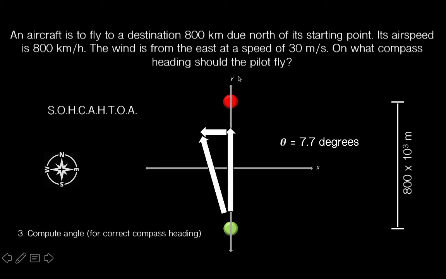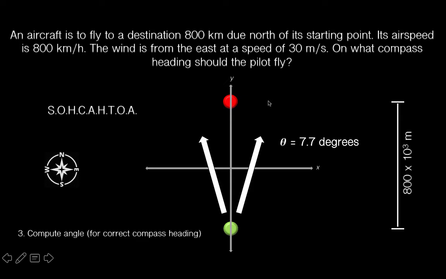Now, going back to this x and y axis, we actually need this vector. Why? Because this is 7.7 degrees this way, which is west of north. So we computed this angle, but the question is asking on what compass heading should the pilot fly.